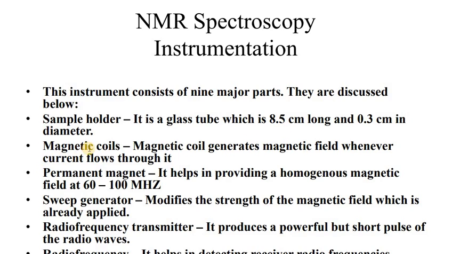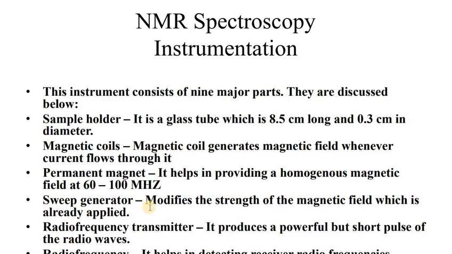Then the magnetic coils, which generate the magnetic field, and then the permanent magnet, which provides a homogeneous magnetic field at 60 to 100 megahertz. Then the sweep generator, which modifies the strength of the magnetic field which is already applied.